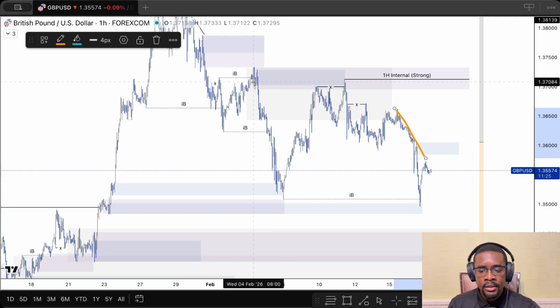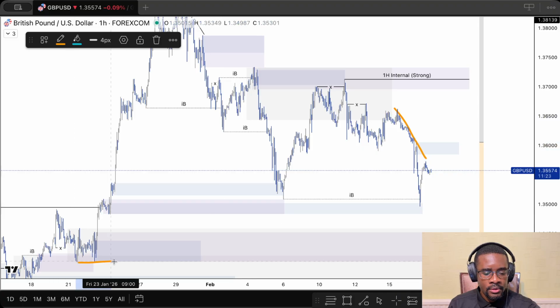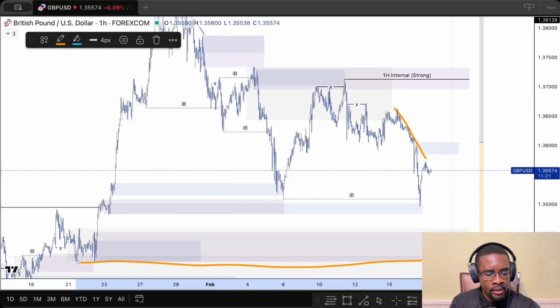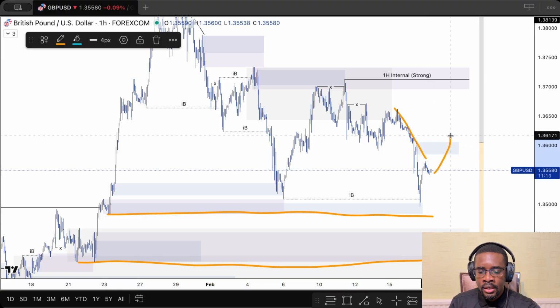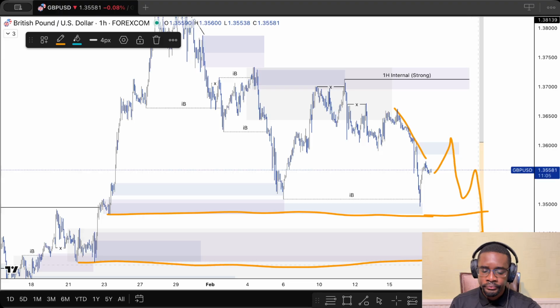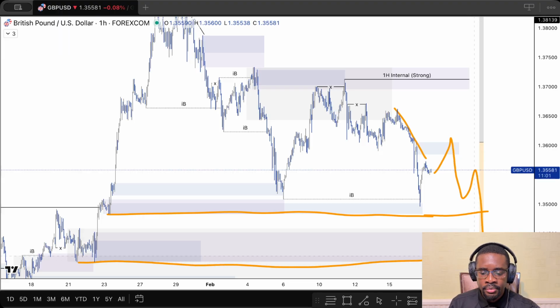Okay, except down here. All right, so it is possible that price could push up, mitigate or sweep these areas, and then start coming down, to take liquidity from here as well as maybe down there as well. Okay, so shorts are pretty much in play at the moment.